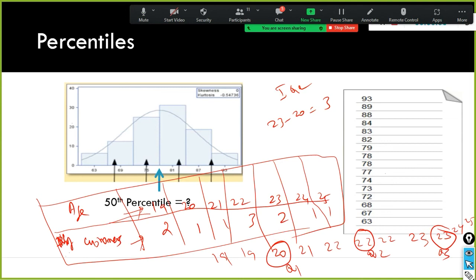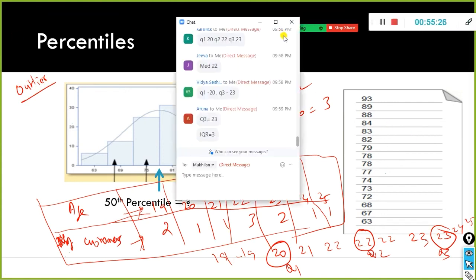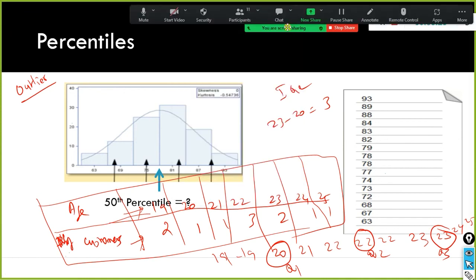Okay, now I'm going to explain one more thing with this data set. Look at this one. So you have 19, 19, 20, 21, 22. Now, how do I find out the outlier? What is an outlier? How many of you remember the term outlier? I explained to you what is outlier several times, right?